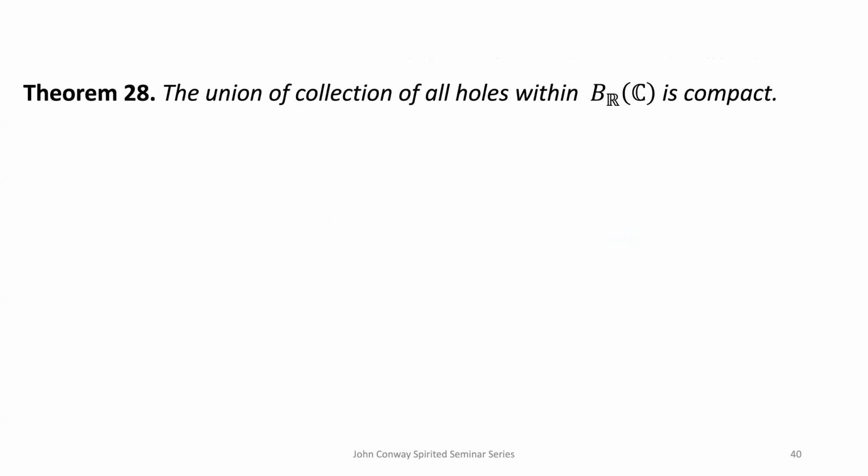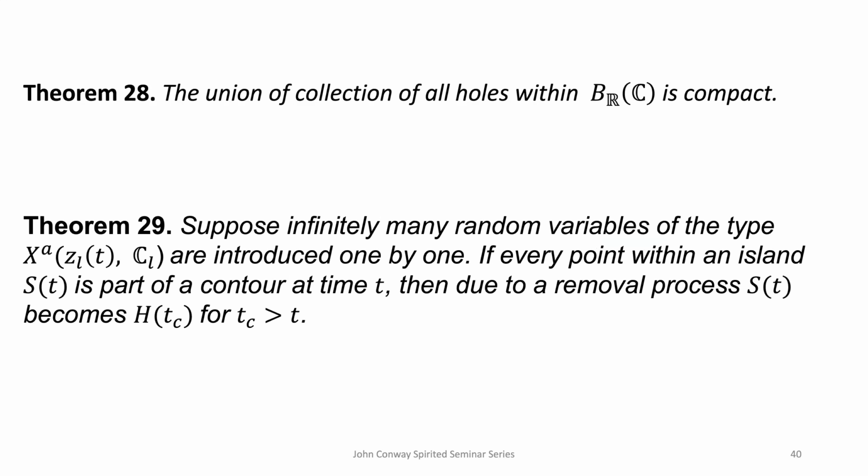Now the union of the collection of all the holes within the bundle is compact. That also I'm not proving; one can see that. As I mentioned, there are more than 30 theorems, but the essential content is already explained. Suppose infinitely many random variables are introduced one by one.